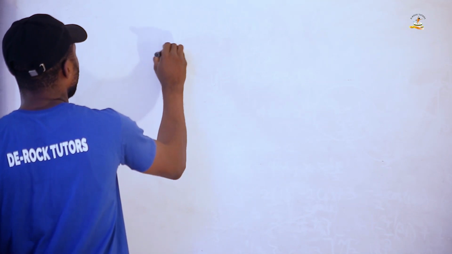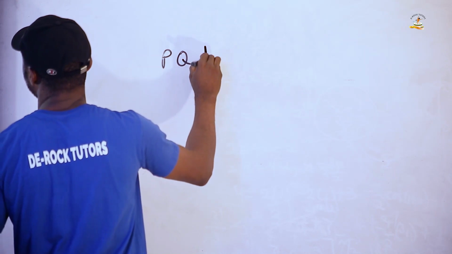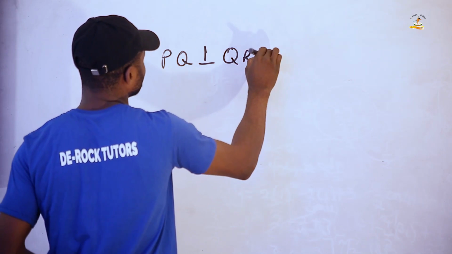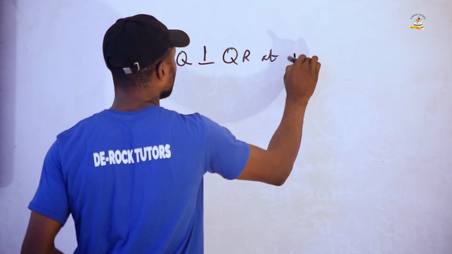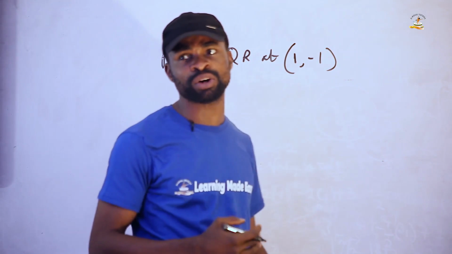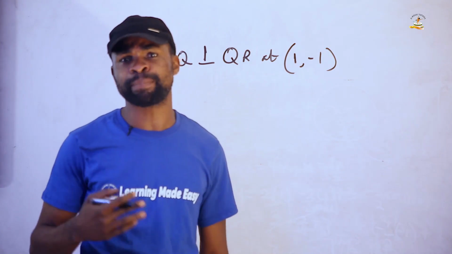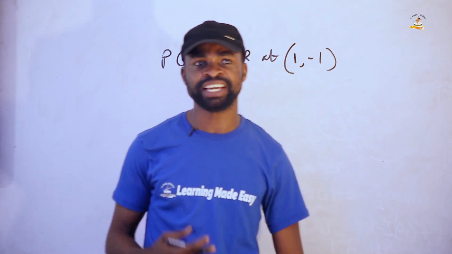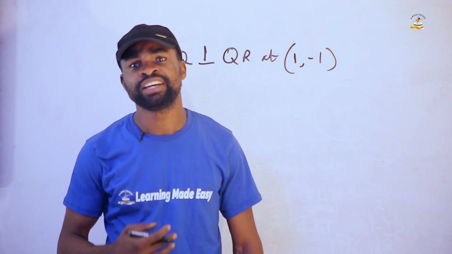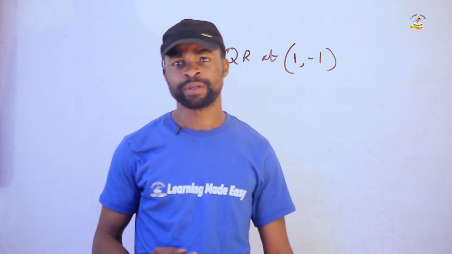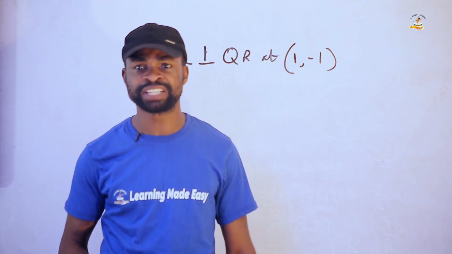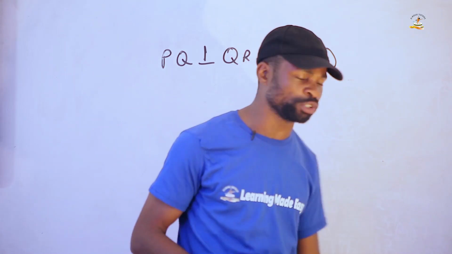The equation of PQ, according to the question, is perpendicular to QR at (1, minus 1). What do we mean by perpendicularity of two lines? Two lines are perpendicular if they intersect and the resulting angle at the point of intersection is 90 degrees. Two lines are also perpendicular if the product of their respective gradients is minus 1.